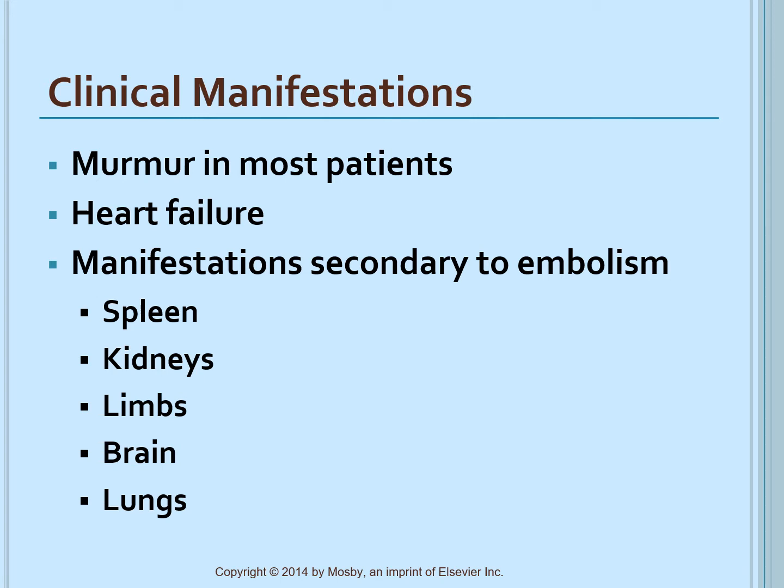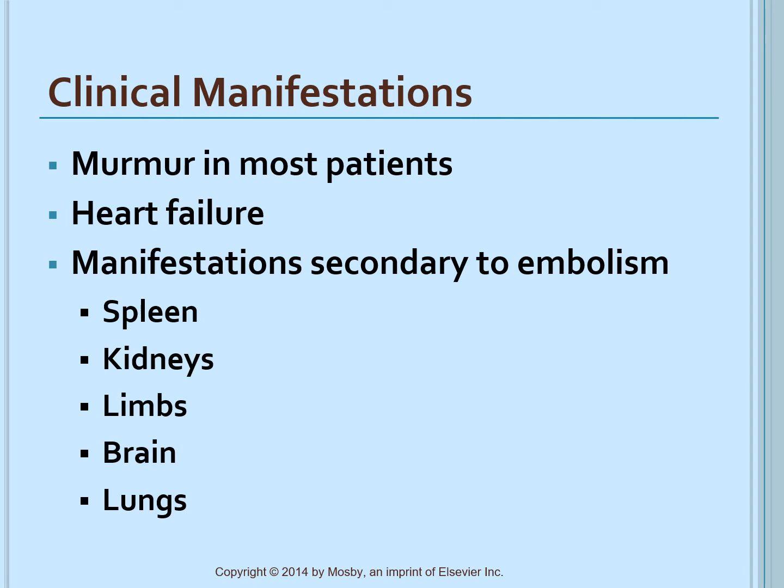In our limbs, I could actually wind up with ischemia or gangrene, depending on how big or how much emboli is thrown. Usually it's from dislodgement or lodgement of those emboli in smaller blood vessels.